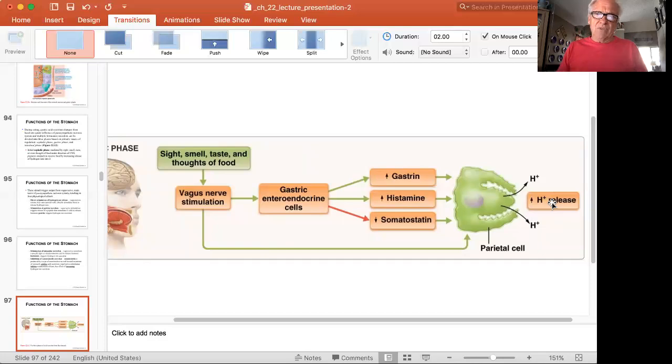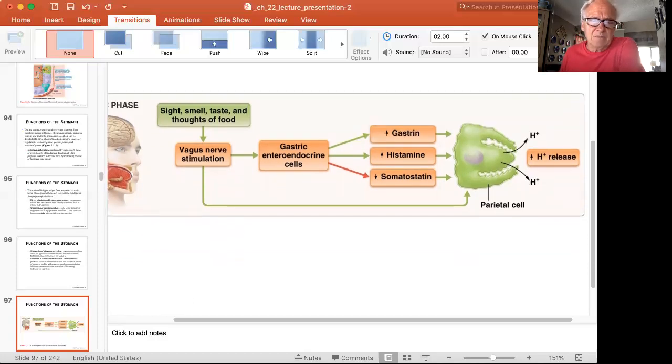You also have a release of histamine, and you have a decrease in somatostatin. This in turn causes the parietal cells to release more hydrogen, creating more hydrochloric acid production in the gastric glands, which in turn converts the pepsinogen from the chief cells into pepsin, and you can digest protein. That's a cephalic phase, okay?